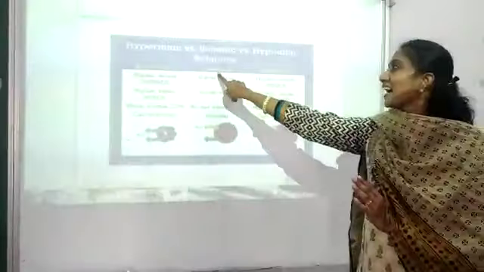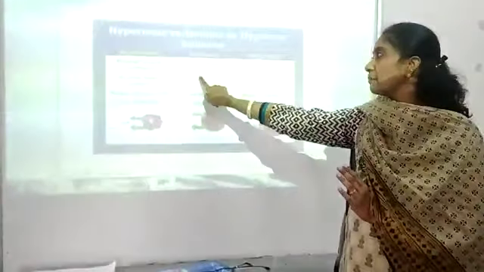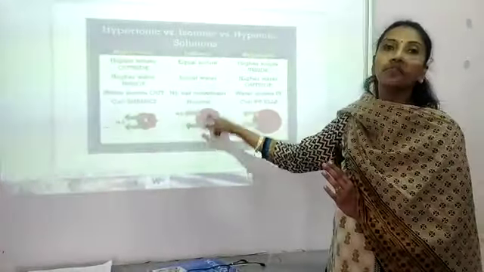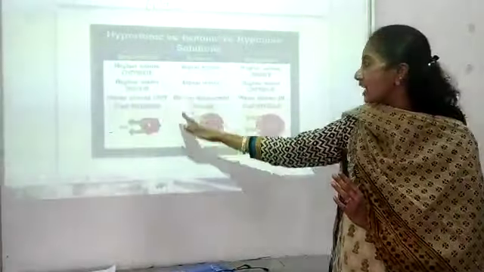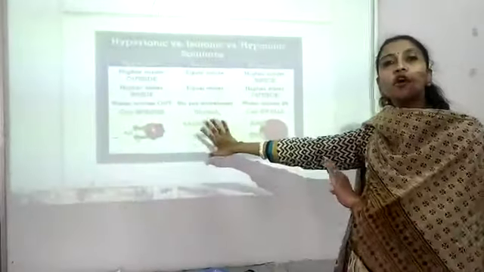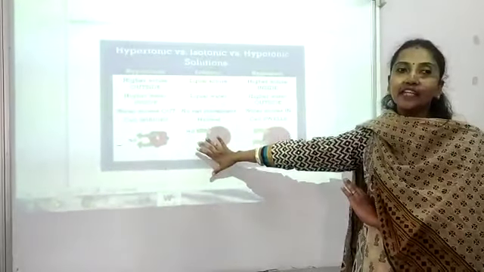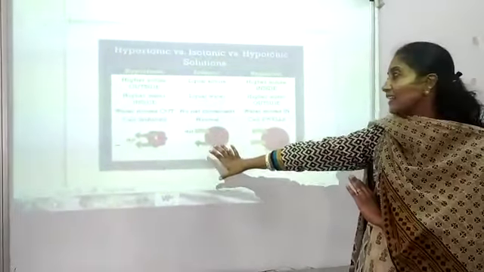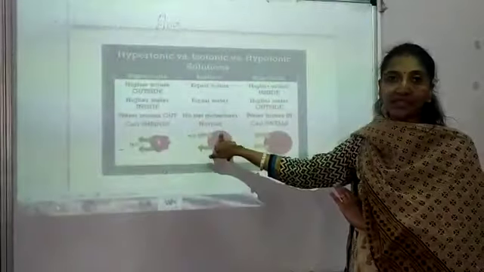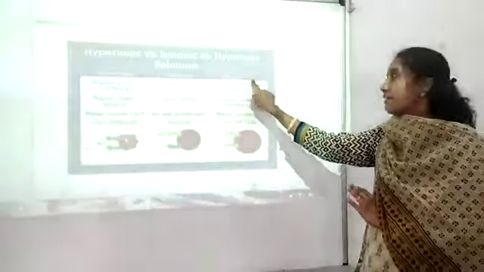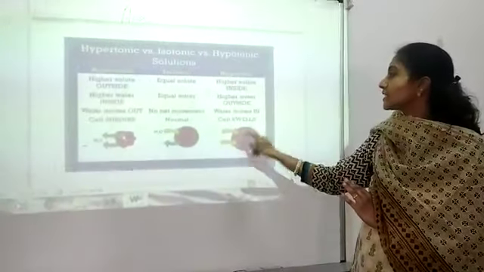Moving to the next, isotonic. Isotonic is nothing but equal solute. That is, water is equally present both inside the cell as well as outside the cell. So there will be no movement of water molecules from inside to outside, neither from outside to inside. Hence, there will be an isotonic solution. And the last, it is the hypotonic solution, wherein the solute is more inside.